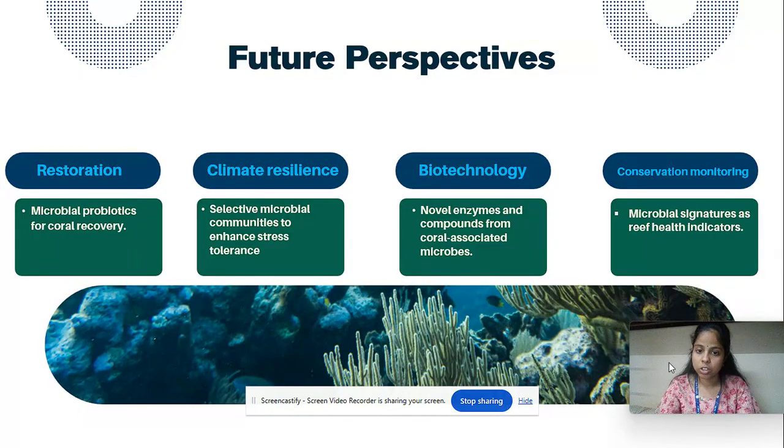In biotechnology, novel enzymes and compounds isolated from coral associated microbes are used in various antimicrobial or defense mechanisms. These associated microbes can be used in conservation monitoring also.